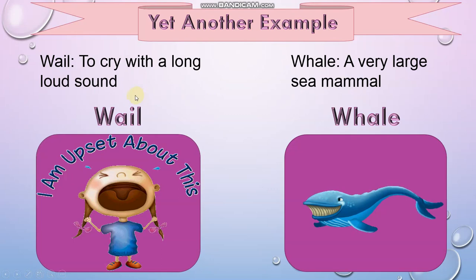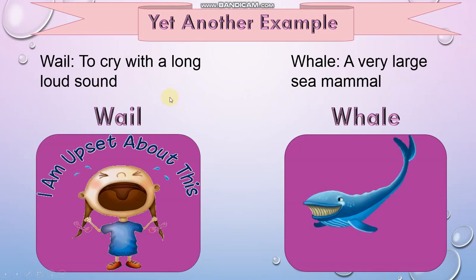Yet another example, wail. Wail means to cry with a long, loud sound. You open up your mouth wide like she's saying, I'm upset about this, and she's wailing loudly. Now it sounds the same as whale. Whale is a very large sea mammal.